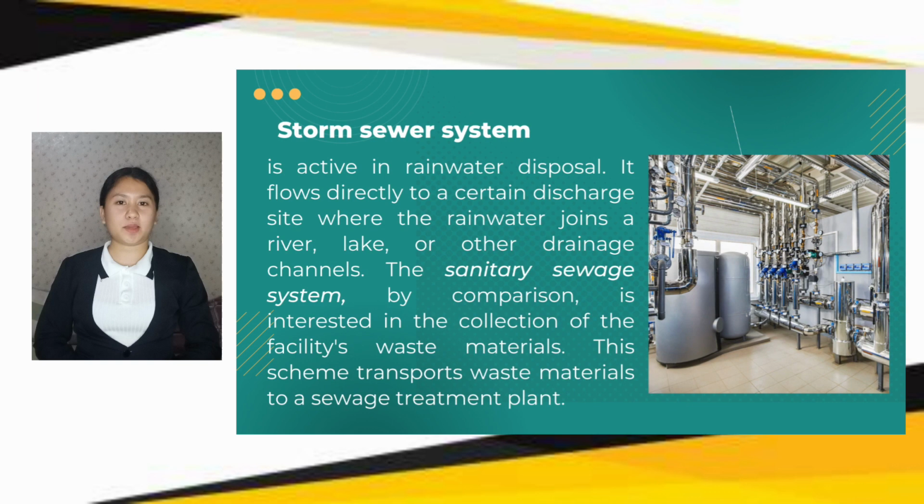The storm sewer system is active in rainwater disposal. It flows directly to a certain discharge site where the rainwater joins a river, lake, or other drainage channel. The sanitary sewage system, by comparison, is concerned with the collection of the facility's waste materials.